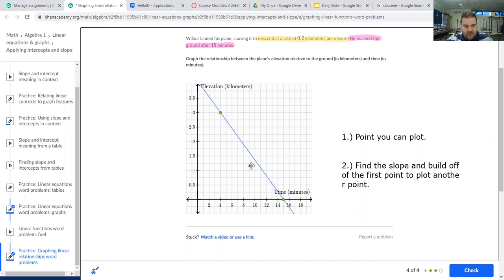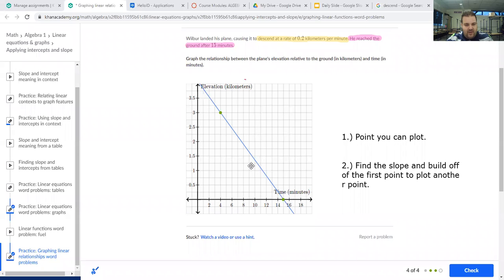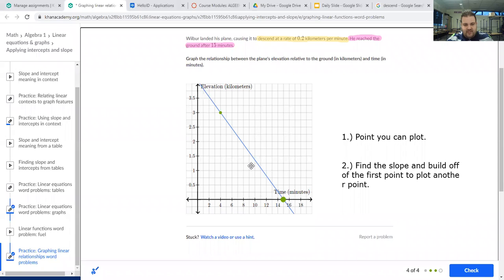He's on the x-axis because the elevation of the ground is 0 in this context. It says the plane's elevation relative to the ground. So when it's on the ground, it would be 0. All right. So the elevation is 0. And since the elevation is 0, then this goes right on the x-axis at 15 minutes.